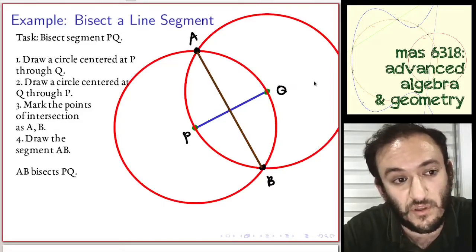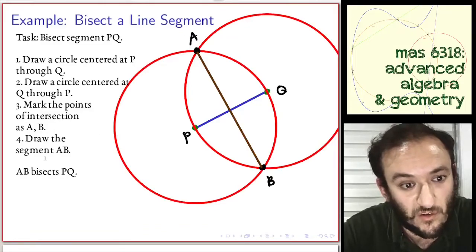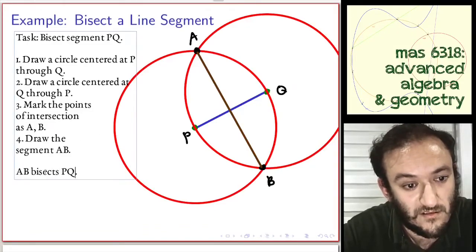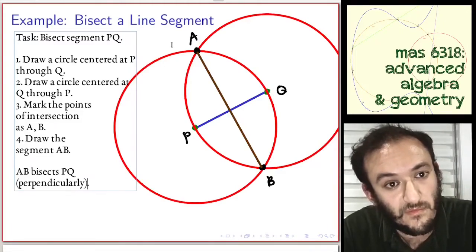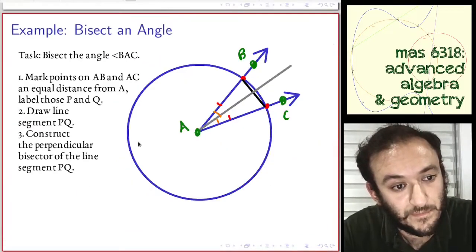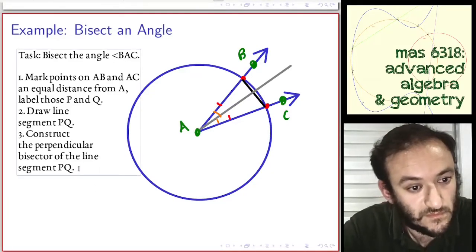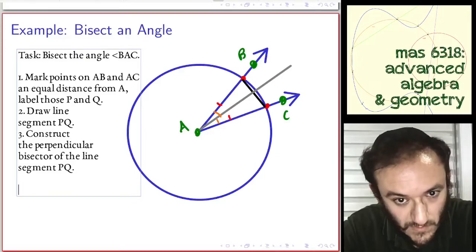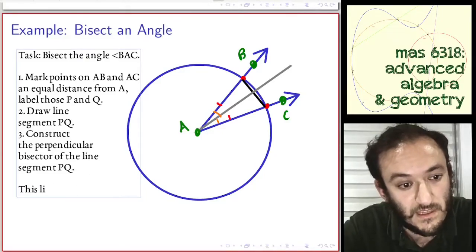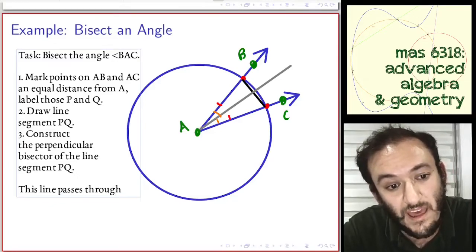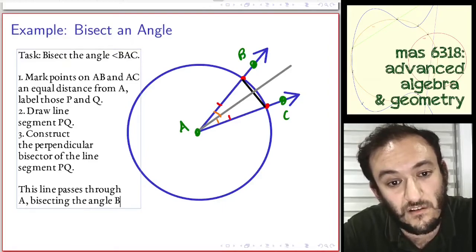AB is perpendicular to PQ, so this is actually a perpendicular bisector. So this line passes through A, bisecting the angle BAC.